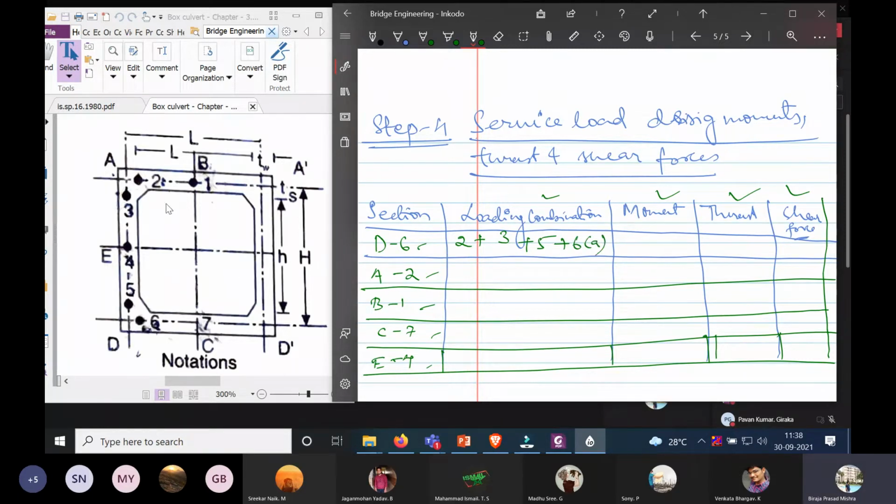Similarly at A2 also I will take 2 plus 3 plus 5 plus 6A. Now in all the rest of the sections, that is B1, E4 and C7, I will consider load case 2 plus 3 plus 4 plus 5 plus 6B.